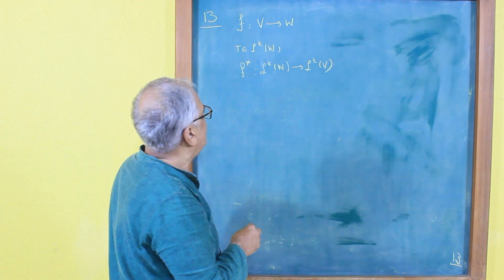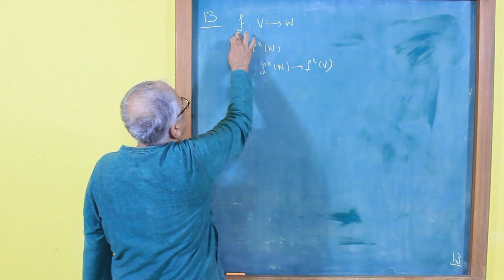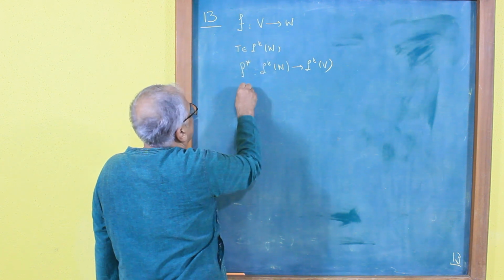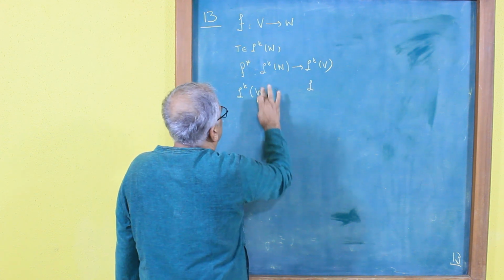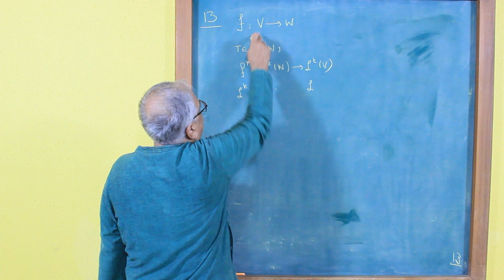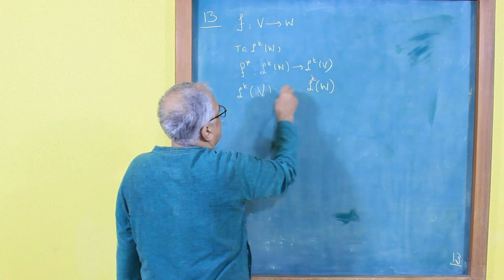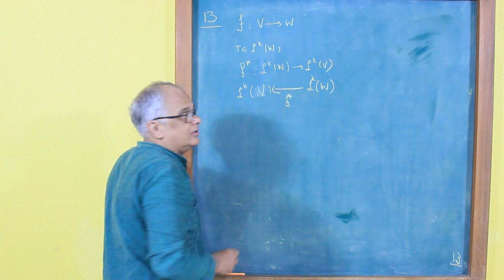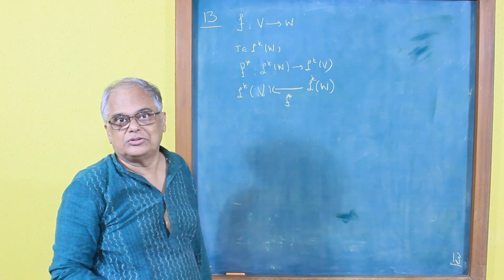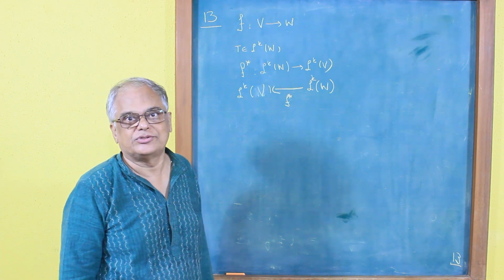F star is from L^k(W) to L^k(V). If I want to write it with V first and W here, then the arrow that I will be drawing is in the reverse direction. So in this sense, this upper star business reverses the arrows.